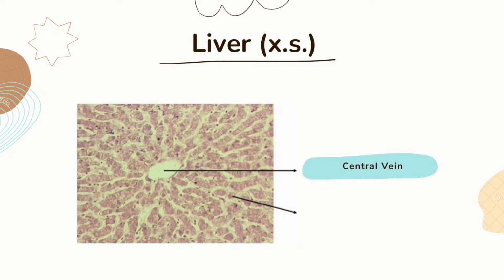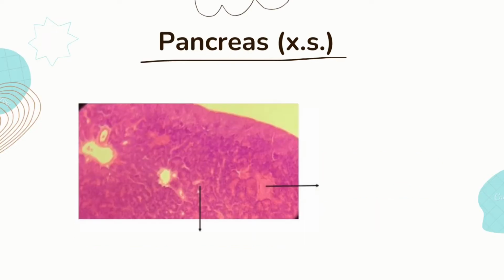This is the central vein, which returns blood mixed in the sinusoids to circulation through the hepatic veins. The second pointed structure, which constitutes most of the liver, is called hepatic cells or hepatocytes. They are in charge of bile synthesis and have secretory, endocrine, and metabolic functions.